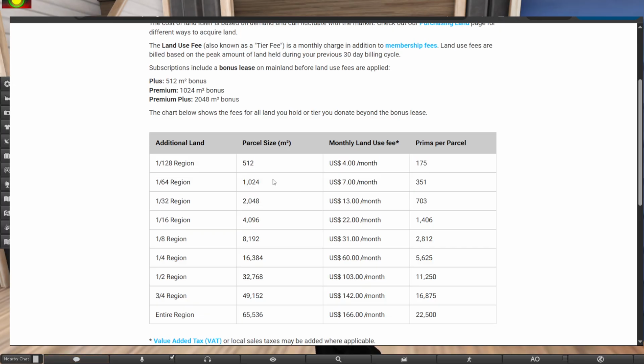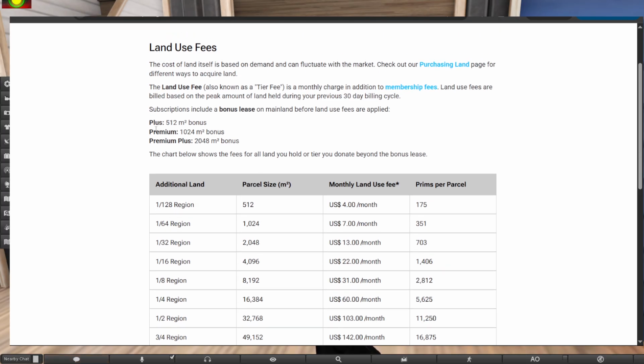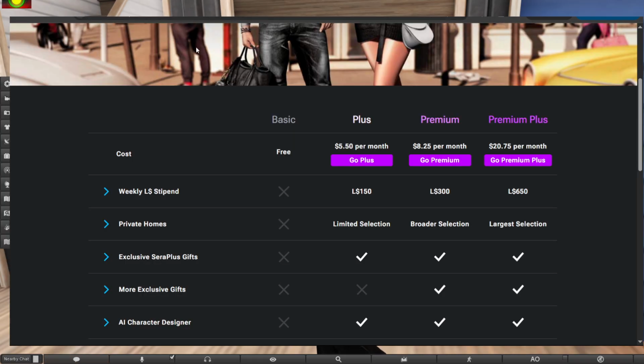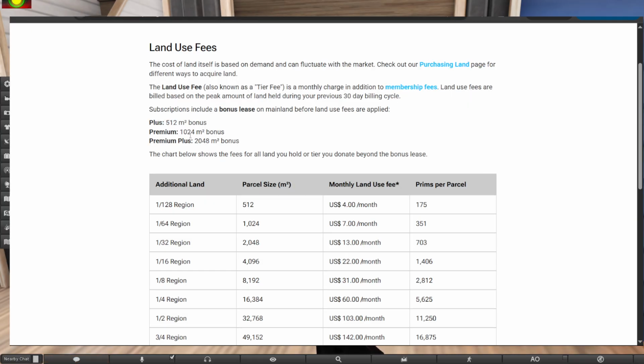So as you can see, if you're a plus member, which is this level right here, you get 512 square meters as bonus lease on Mainland before fees are applied. So that means if I'm a plus member, I can have a parcel that's 512 square meters and it's paid for by Linden Lab.